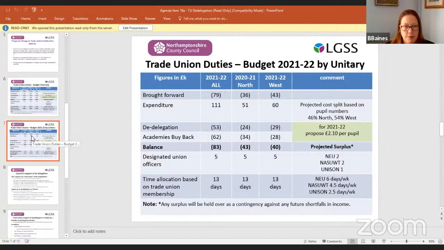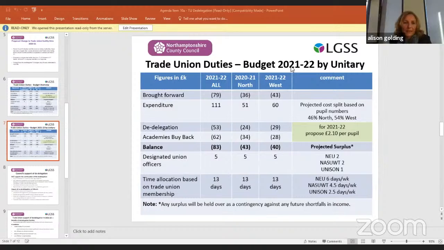So this is how the 20-21 budget would have split into North and West if we were to do that exercise this year. So you can get an idea of how the budget will split in 21-22. Apologies, I've got a date incorrect on the middle column of that slide, so they should both be 21-22.